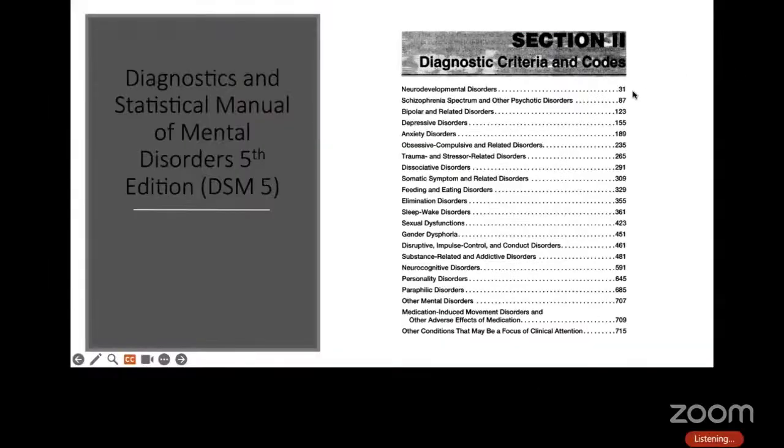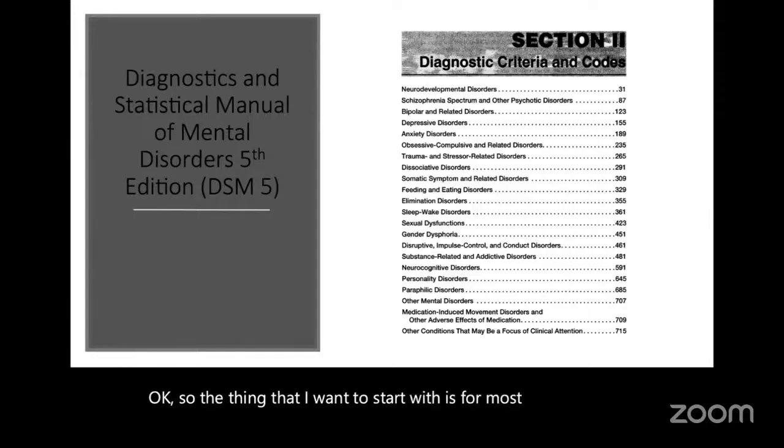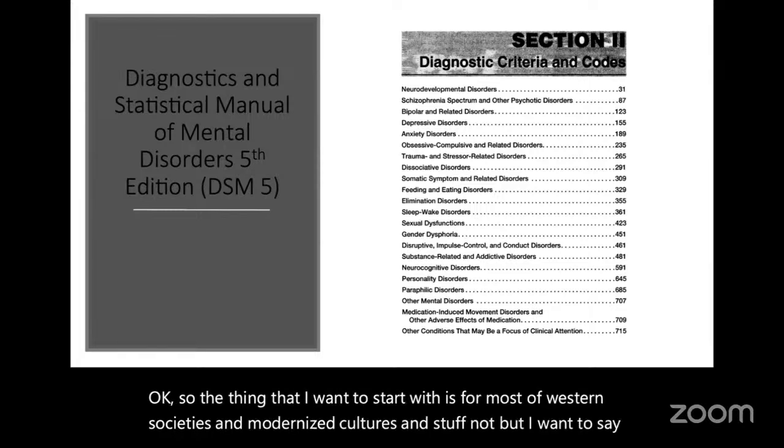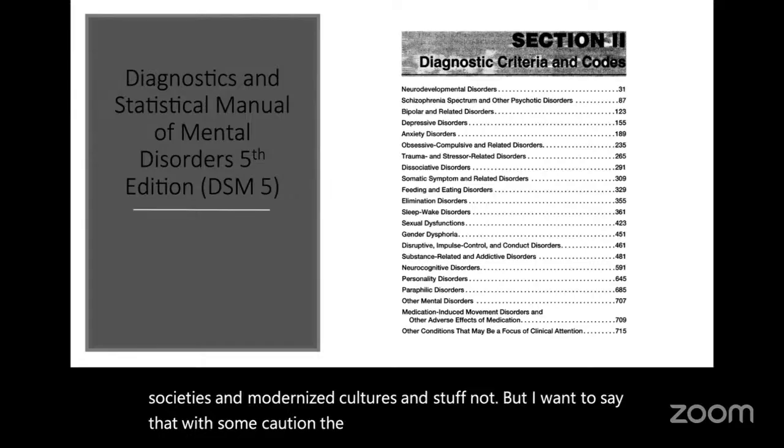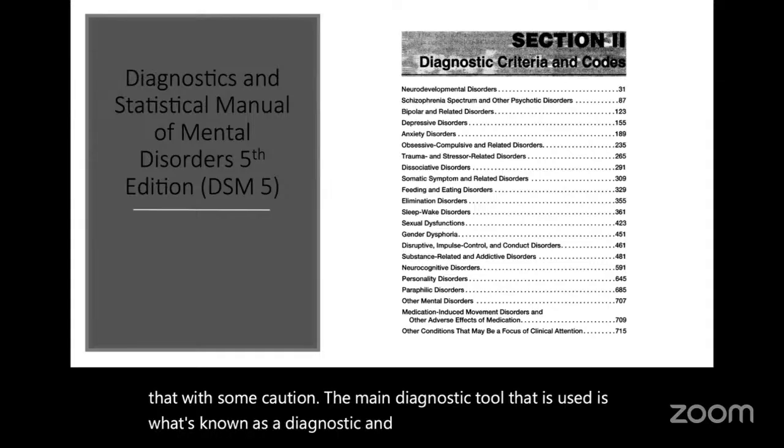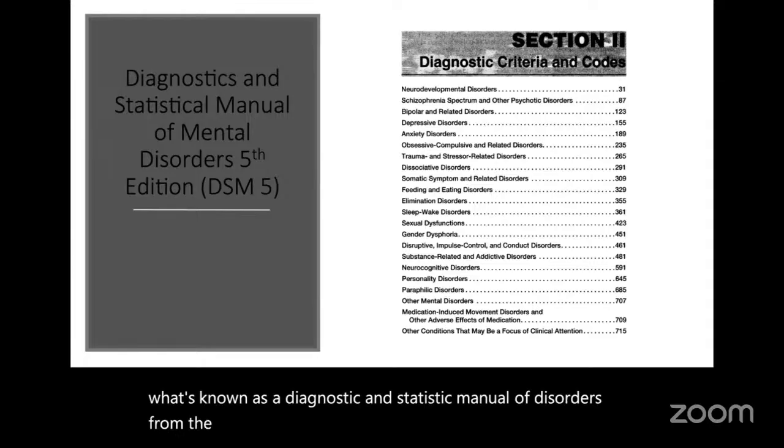Okay. So the thing that I want to start with is, for most of Western societies and modernized cultures, though I want to say that with some caution, the main diagnostic tool that is used is what's known as the Diagnostic and Statistical Manual of Mental Disorders from the American Psychiatric Association.